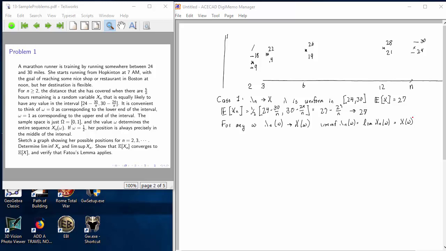If we look in more detail about how we calculate the lim inf, though, what we are told to do is to look at all indices m greater than or equal to n. Look at x sub m of omega. And as you can see, the smallest of those values is always her current position.